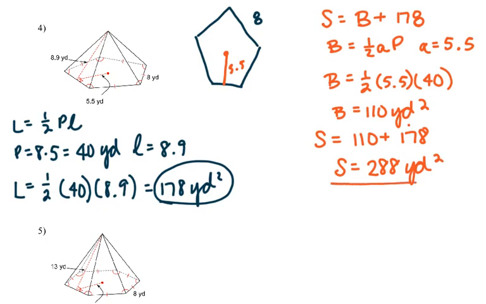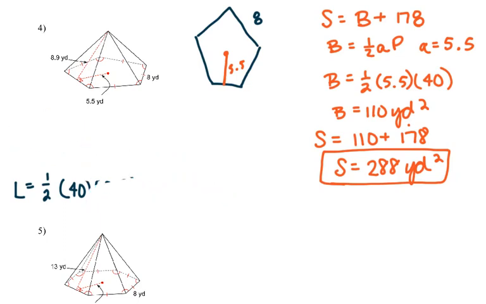Okay, the good news on the volume, it's going to be much more straightforward because we've been given the apothem. So that's going to make that much easier. So I'm going to erase the lateral area work. And our volume formula is 1/3 times the area of the base times the height of the pyramid. So the base we already figured out was 110.